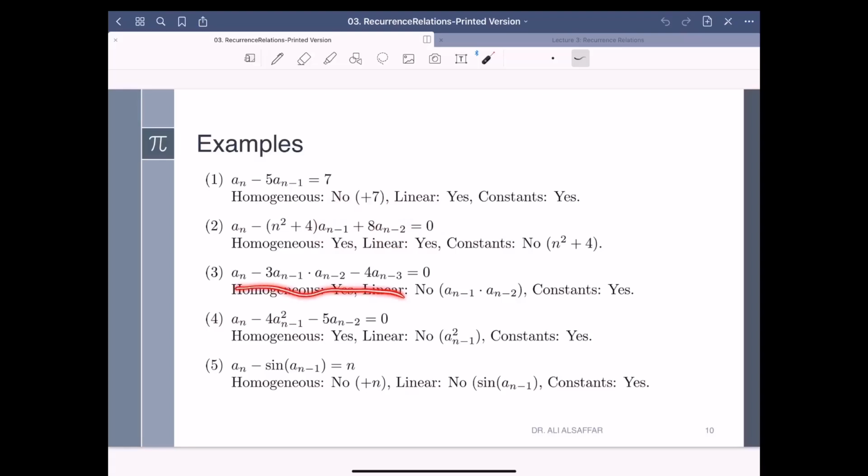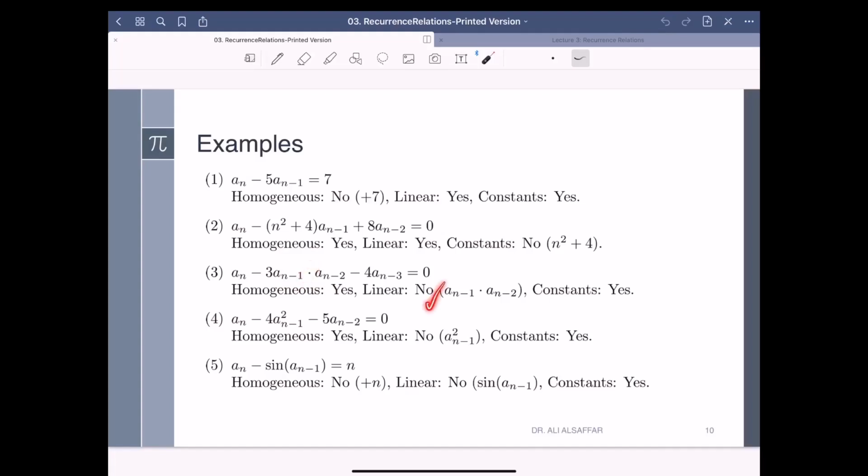The third example, this term has an, this term has an, this term has an, so it is homogeneous. Coefficients 1, minus 3, minus 4, all constant coefficients. But see this term, it is a multiplication of 2 ai's, an minus 1 multiplied by an minus 2, so it is not linear.